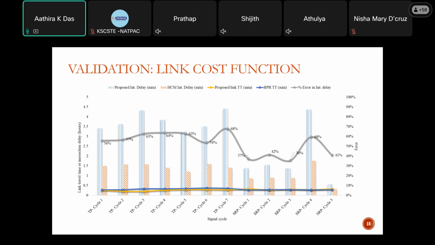The first one is compared with the BPR function, and the second term is compared with the HCM delay model. So the link travel time from the proposed model is observed to be very close to the BPR travel time, and the HCM delay model consistently underestimated the delay compared to the proposed intersection delay.